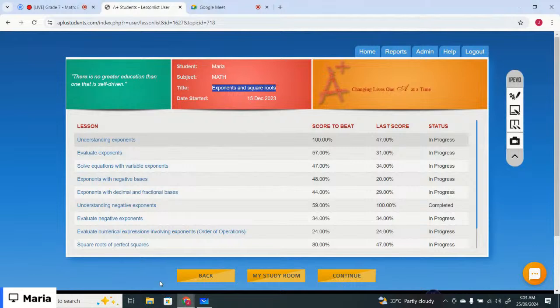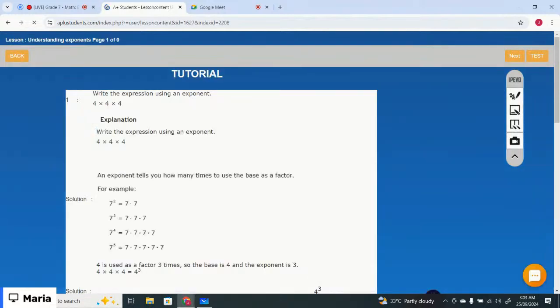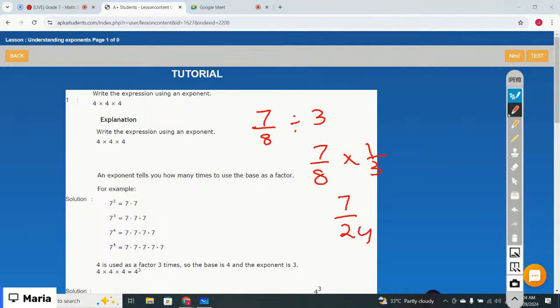So let's just start with the first lesson, that is understanding exponents. Write the expression using an exponent. So basically the exponent tells you how many times to use the base as a factor, right? You are given 4 times 4 times 4.